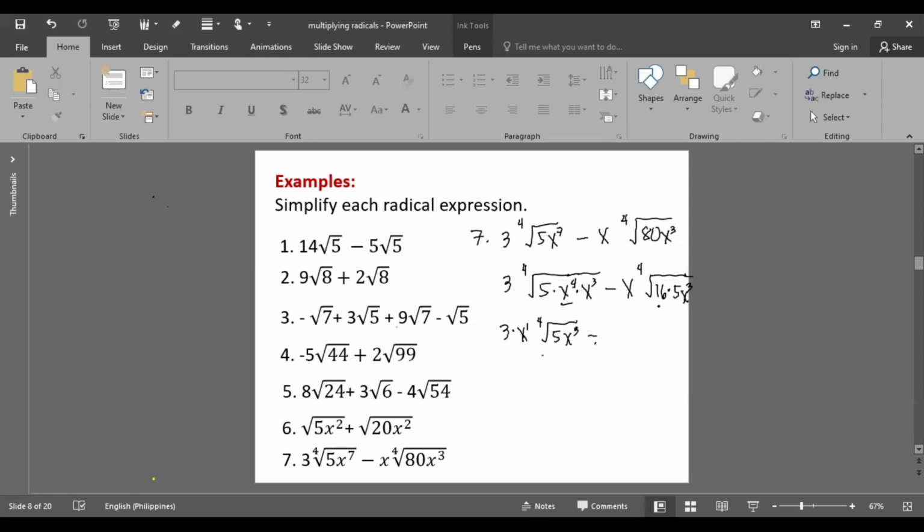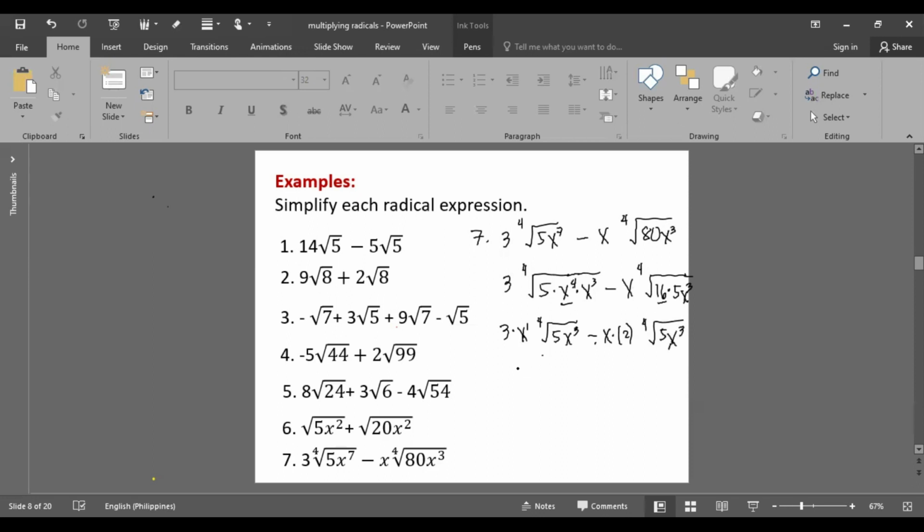Minus, ang pwedeng ilabas natin dito ay sa 16. The fourth root of 16 is 2. So, we copy x, multiply it by the fourth root of 16 which is 2. Then, copy 5x raised to 3.